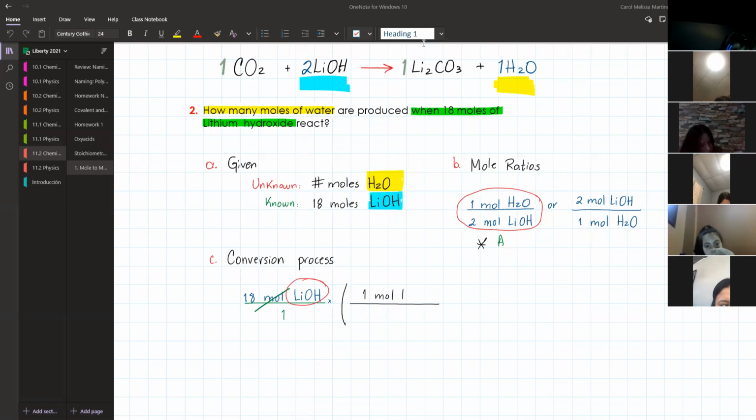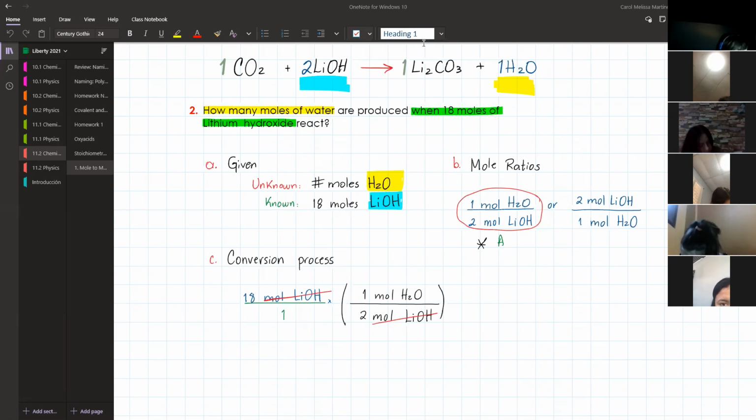1 mole H2O over 2 moles of LiOH. Now, in this case, take a look. You can cancel moles of LiOH on both sides. Now it's possible to do the conversion, okay?